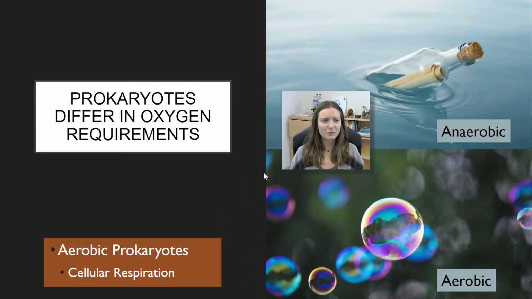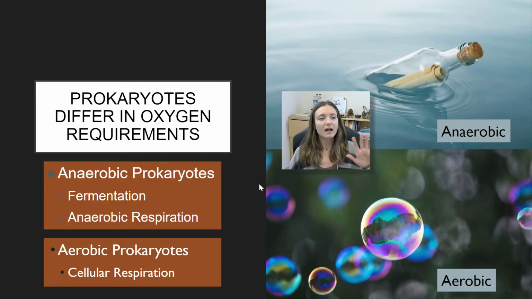So we have some organisms that are aerobic prokaryotes, and they can go through cellular respiration in the presence of oxygen. But most prokaryotes are going to be anaerobic prokaryotes. They get their energy, their ATP, from going through a process of fermentation, which is a process of anaerobic respiration, gathering energy and building ATP without the presence of oxygen, without going through the full process of aerobic cellular respiration, right?